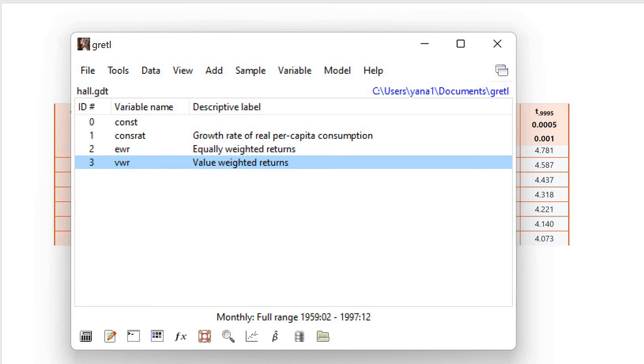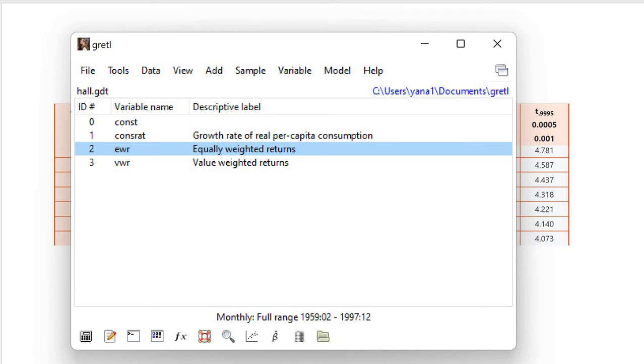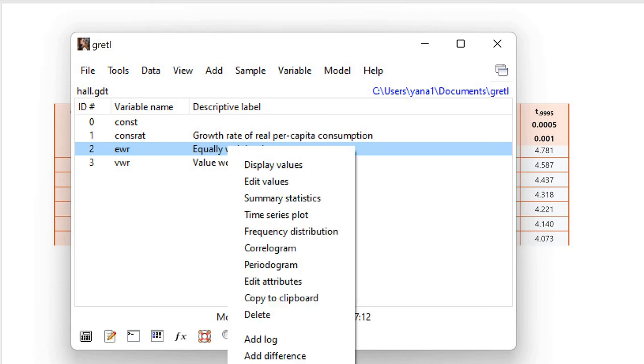However, we also investigated the results of the statistical test where the null hypothesis states that data is distributed normally. So here we have some sample data from Gretl. Here we have equally weighted returns, probably for the United States.